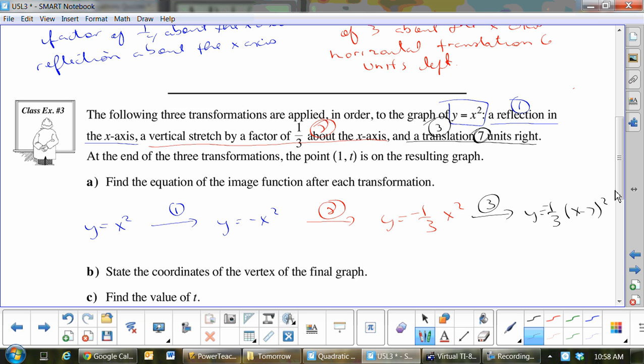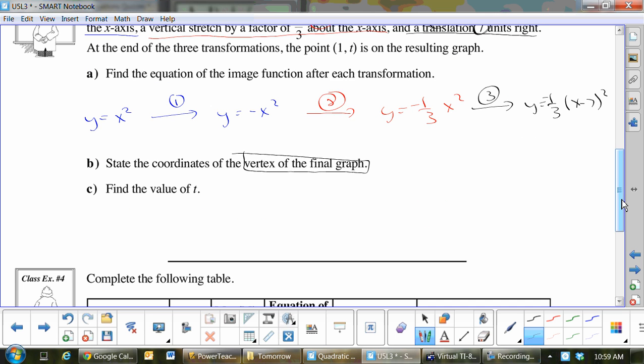Now, what would be the vertex of the new graph? Anyone know? In your mind, have you pictured it? So this is how I do it. See if this is something that you would, okay, that's this. This is this, right? Does that make sense? Then this would be narrow or wide?